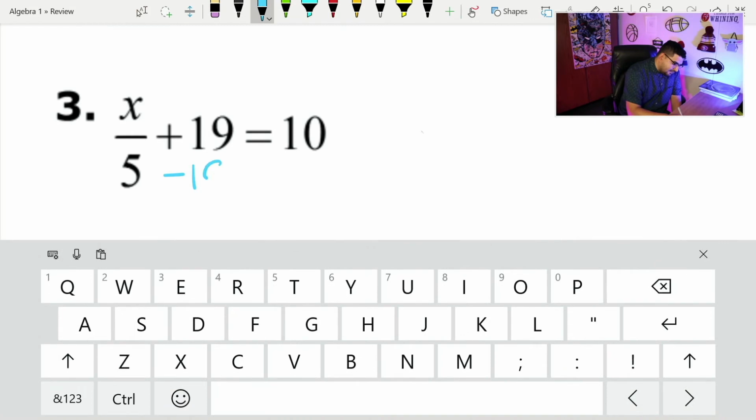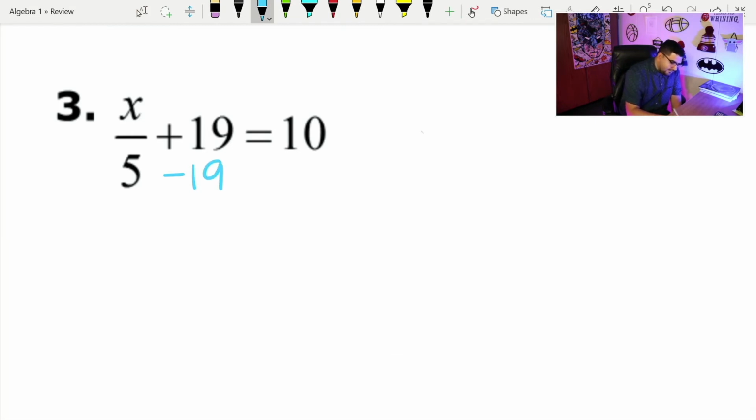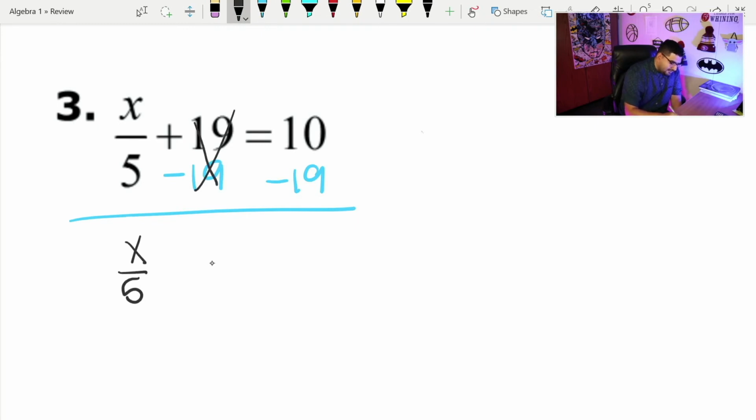I'm going to subtract 19 from both sides. That'll get me x divided by 5. These 19s cancel out. Equals 10 minus 19, which gets me negative 9. Now because they're dividing by 5, this is x divided by 5, I'm going to multiply by 5 on both sides.